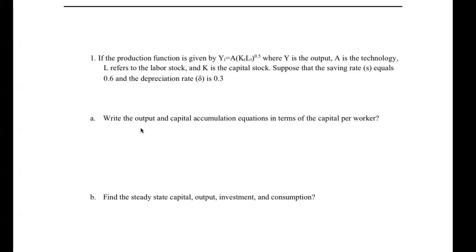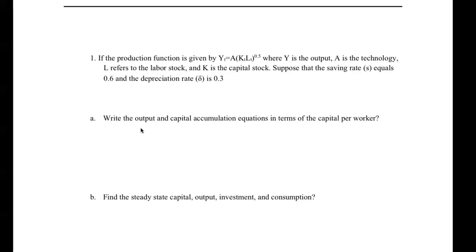So let's write it, because S is 0.6: 0.6 A KT to the power of 0.5, and then delta is 0.3, so 1 minus delta is 0.7 KT. And that's it. So this is the capital accumulation equation. So this is for question A.